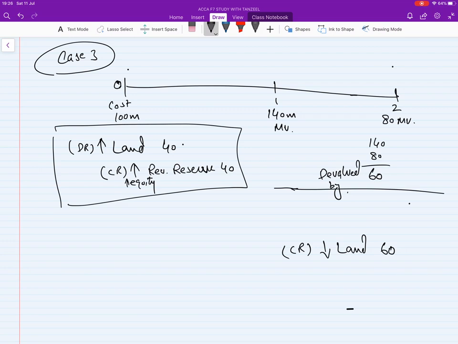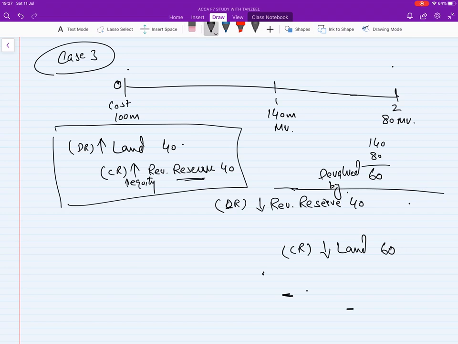We have a reserve of 40 before, so we reverse this revaluation reserve, which is why we are debiting it. Previously we credited the equity because it was increasing; now we are debiting the equity because it is decreasing.